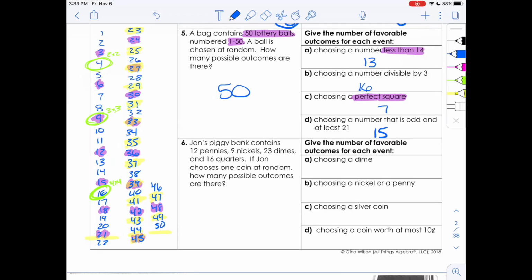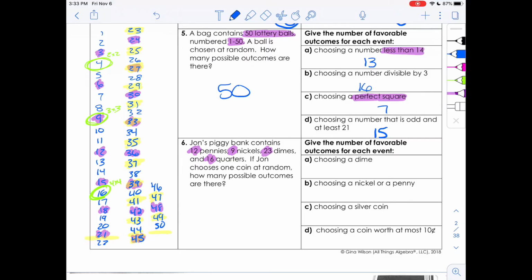So let's take a look at another way we can count outcomes. John's piggy bank contains 12 pennies, 9 nickels, 23 dimes, and 16 quarters. If John chooses one coin at random, how many possible outcomes are there? All of our possible outcomes are all of these added together.